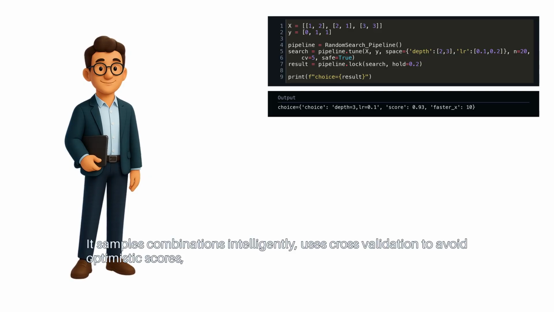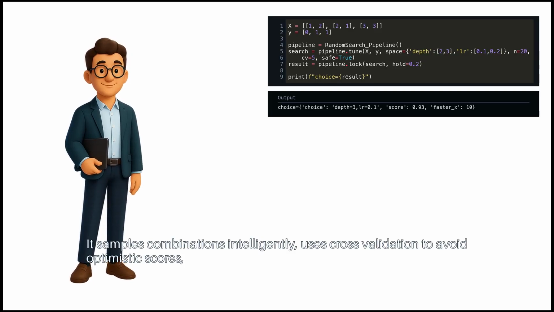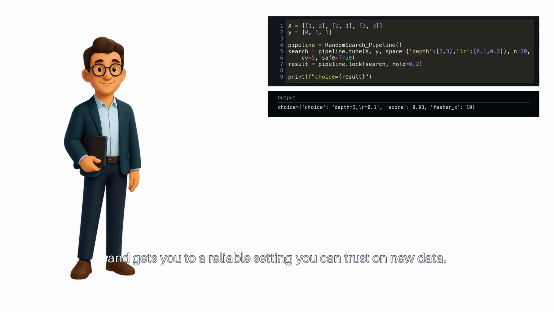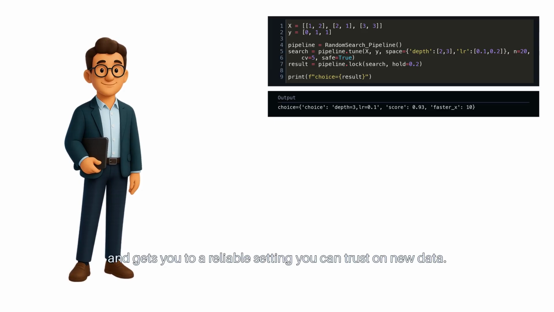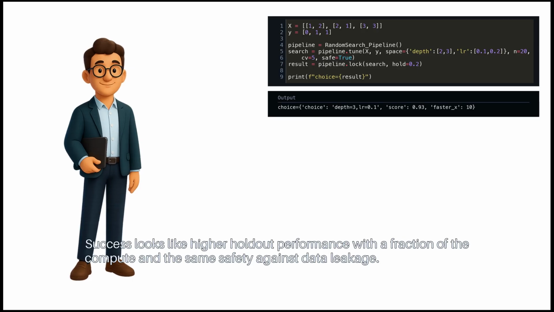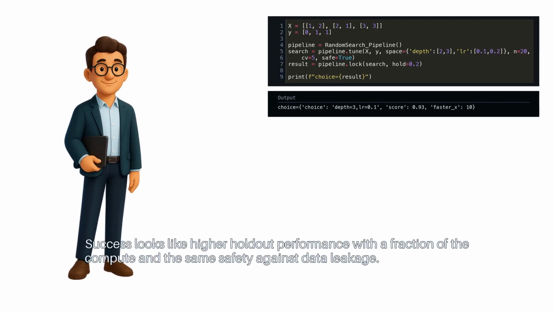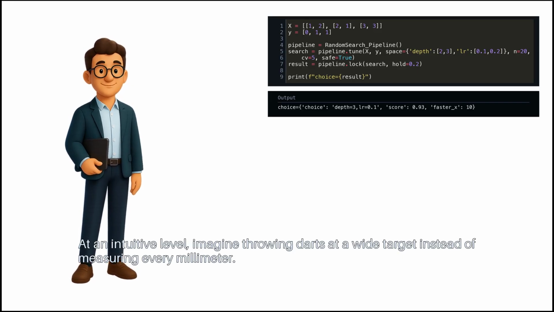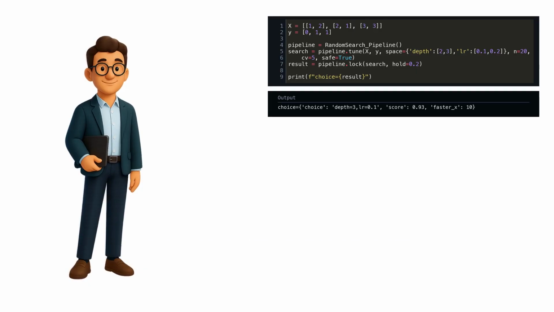It samples combinations intelligently, uses cross-validation to avoid optimistic scores, and gets you to a reliable setting you can trust on new data. Success looks like higher holdout performance with a fraction of the compute and the same safety against data leakage.